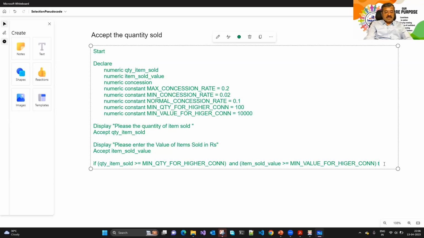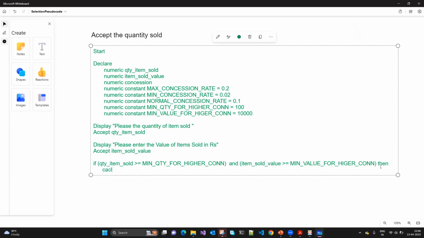If both the conditions are true, then what will you do? Tell me. Concession is equal to max concession rate into item sold value.